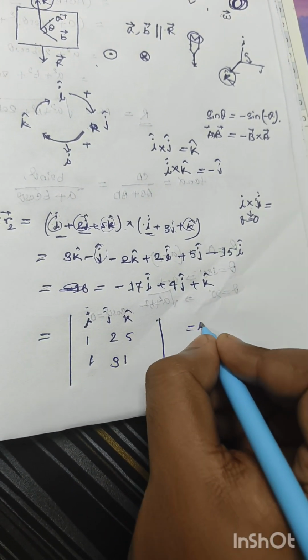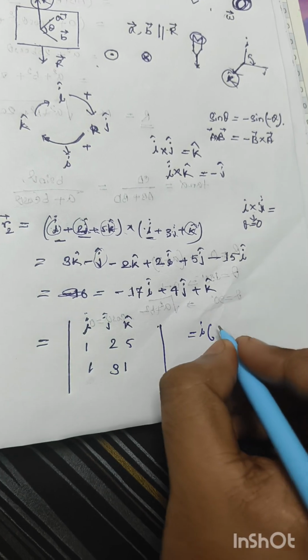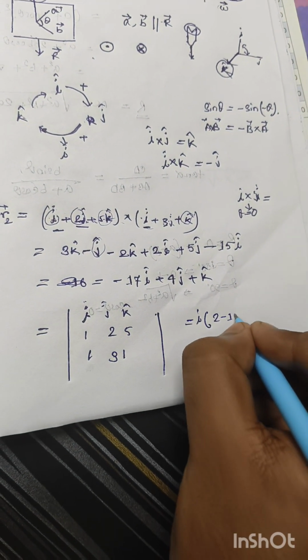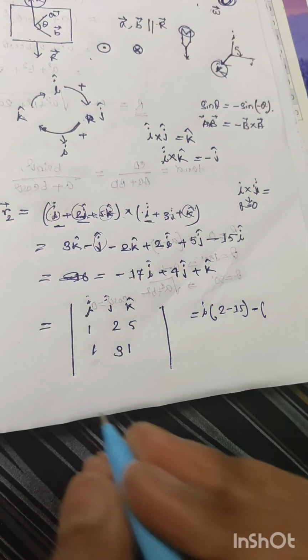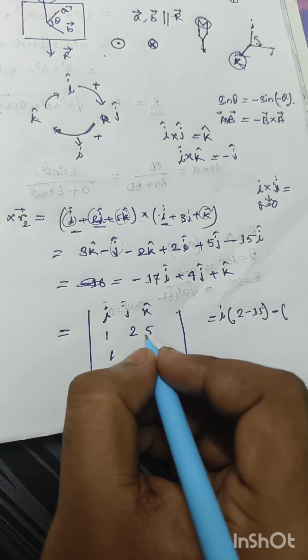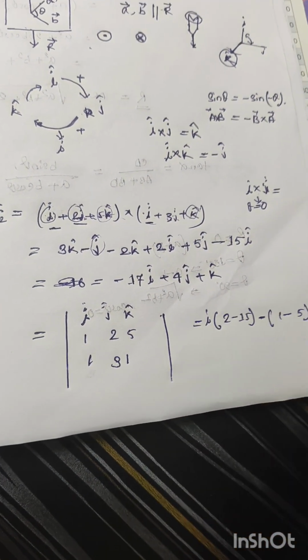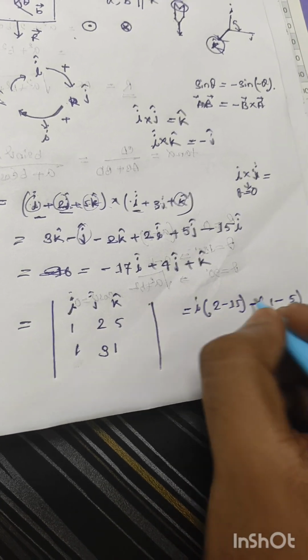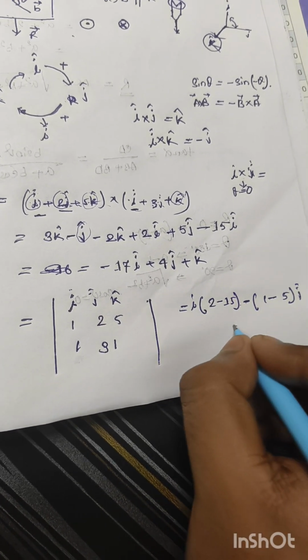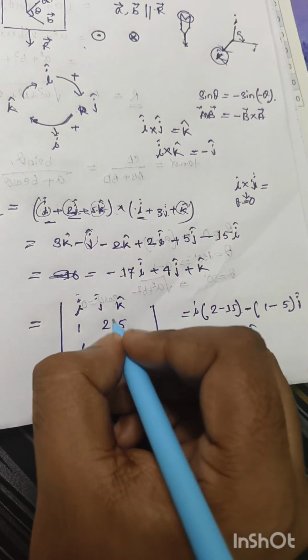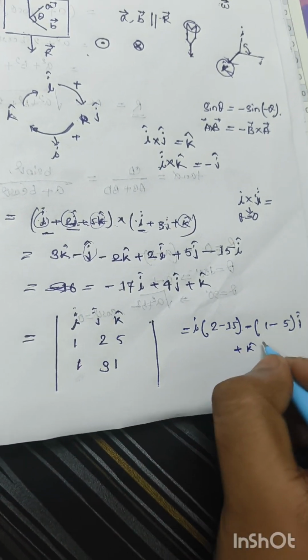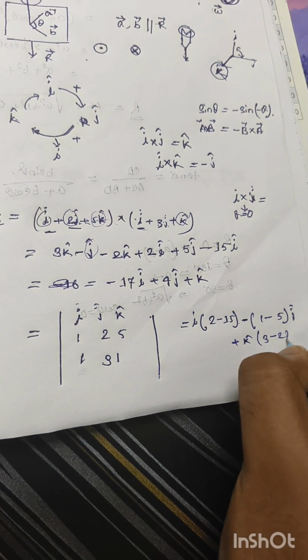You can find that i cap equals 2 minus 15, and for this 1 minus 5. For k cap, that is 3 minus 2.